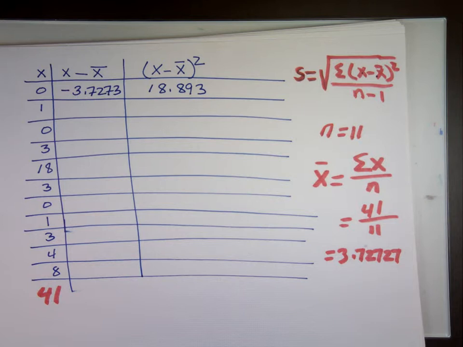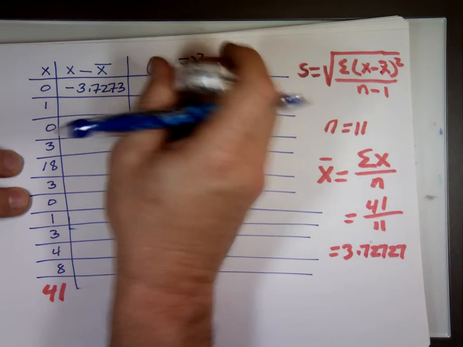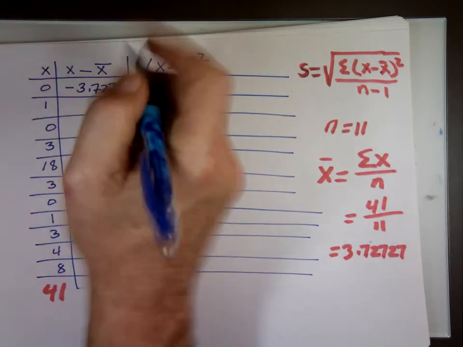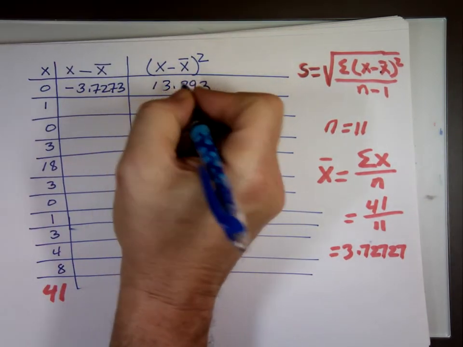1 minus 3.7273. Huh? 18? That's less than 4 squared. I'm missing something. 0 minus. Oh, yes. 4 squared is 16. Yeah, it should be 13.8. Oh, 13? Yeah. 13.893. Thank you.